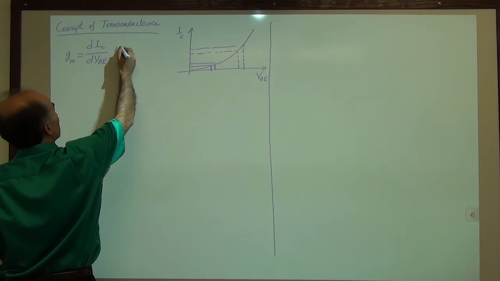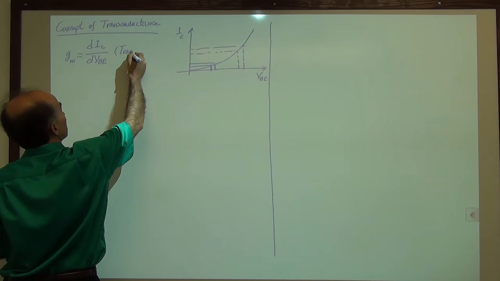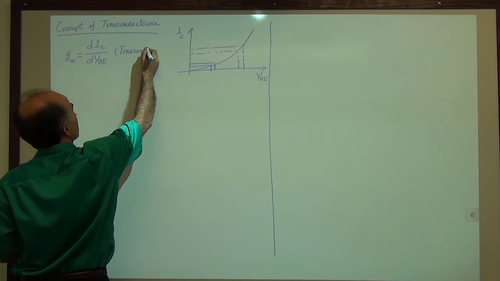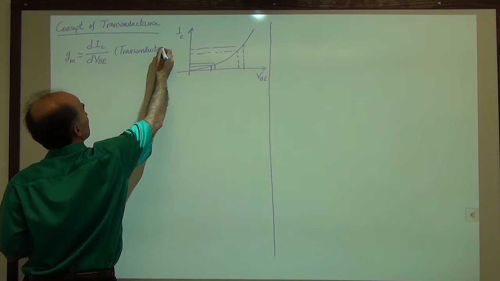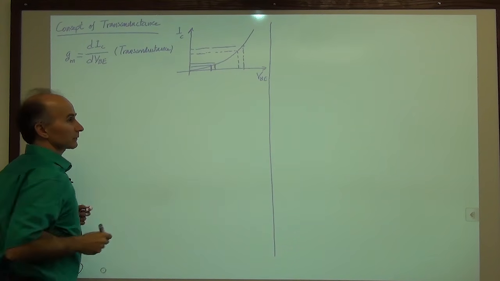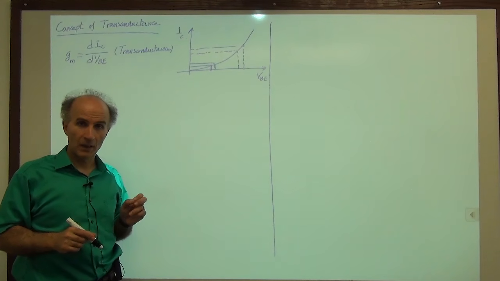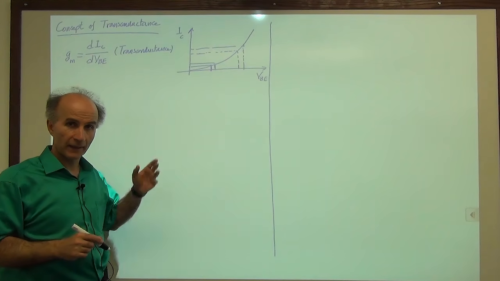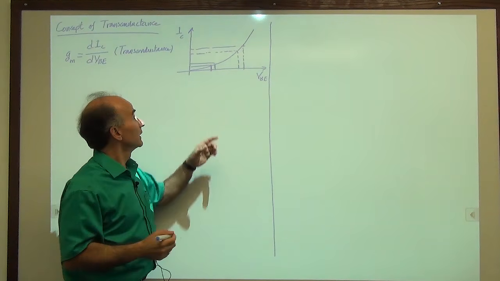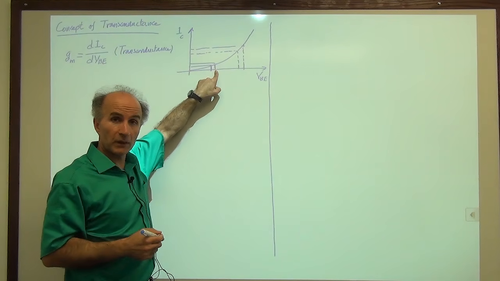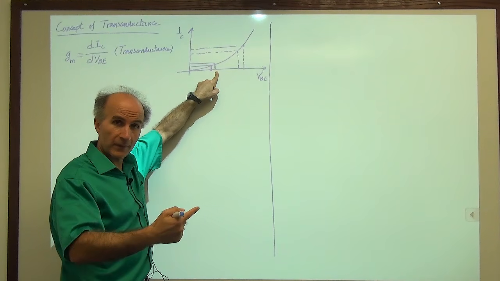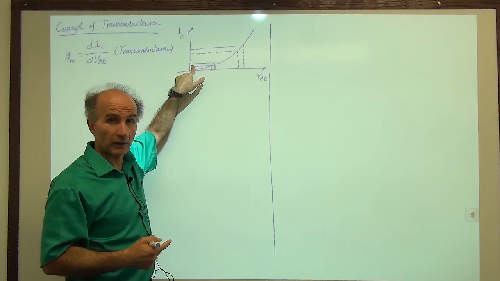So this is what we call the transconductance of the transistor. I hope by now it's clear, especially from the previous example, that the transconductance tells us how strong the transistor is. Here we change the base emitter voltage. Let's say a microphone signal comes in, we get some change in the collector current.